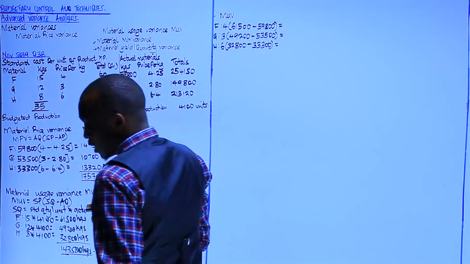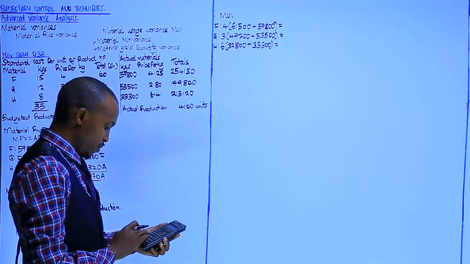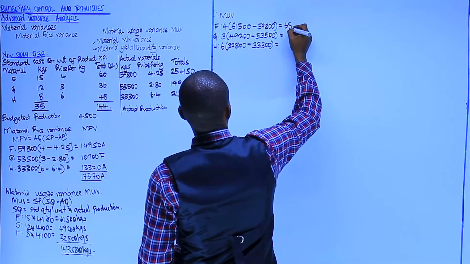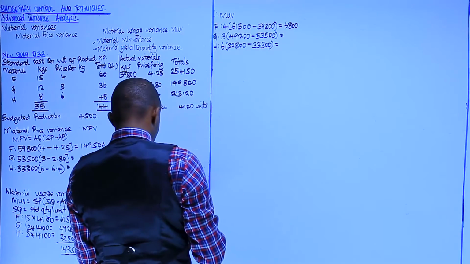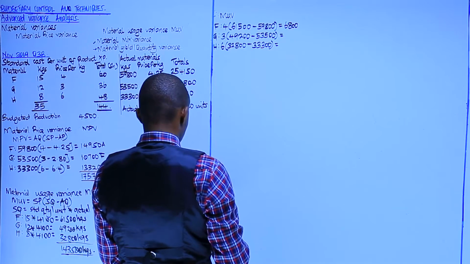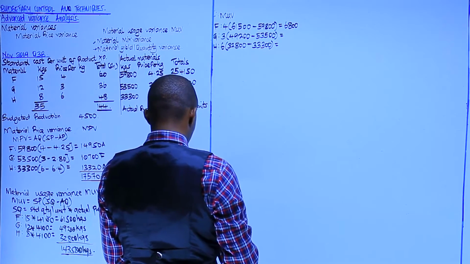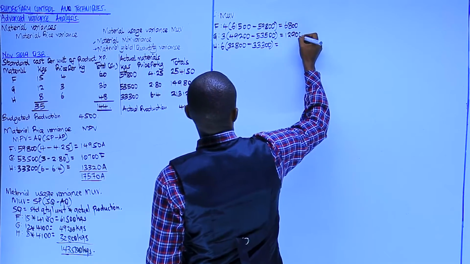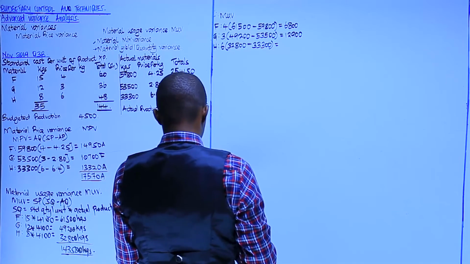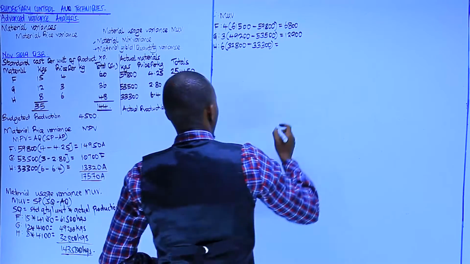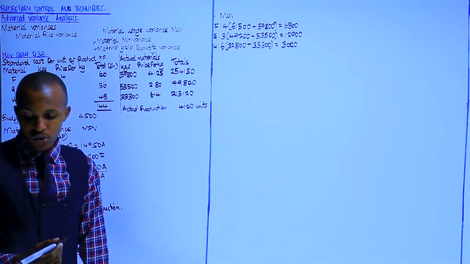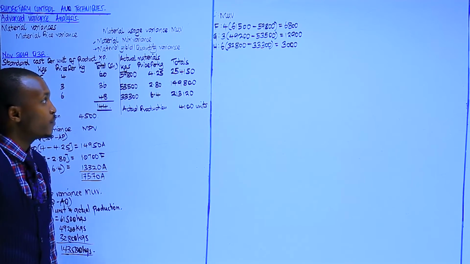Let's then get our variance and see. 6,800, 12,900, 3,000. But then we need to analyze whether it is favorable or adverse.